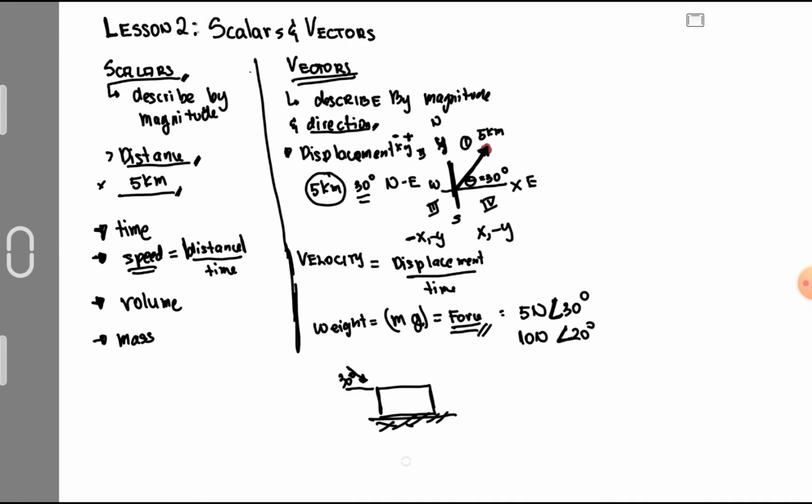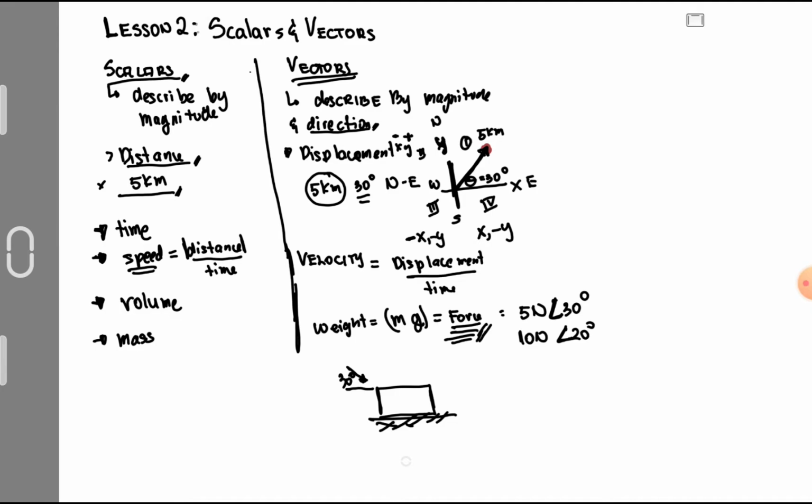This is the indication of the direction of your forces, where you are applying the force. So there is a direction for weight and force. Therefore, force and weight are vector quantities.